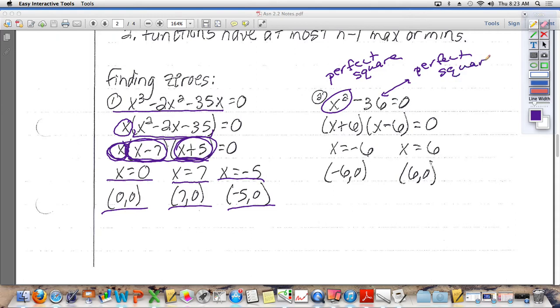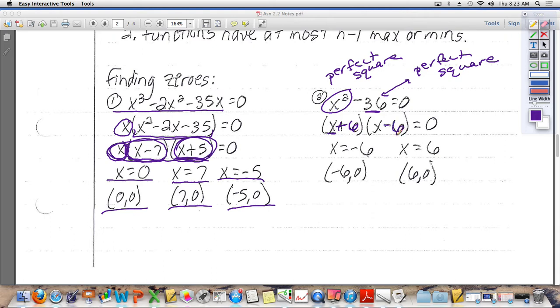And whenever you are subtracting a perfect square minus a perfect square, you need to right away recognize that it will factor to the square root of x squared, which is x, and then the square root of 36, which is 6. One of them is going to be a plus 6, the other one's going to be a minus 6.